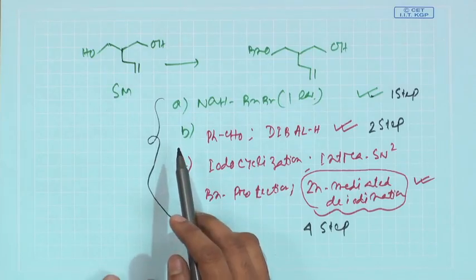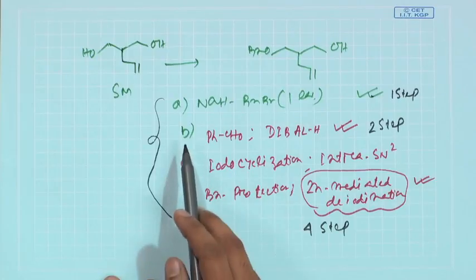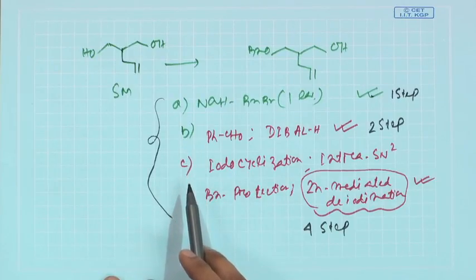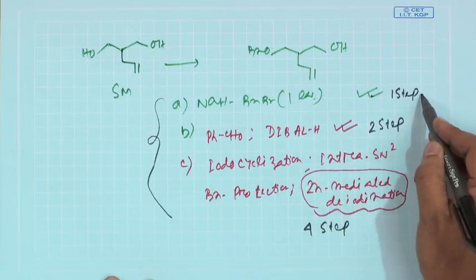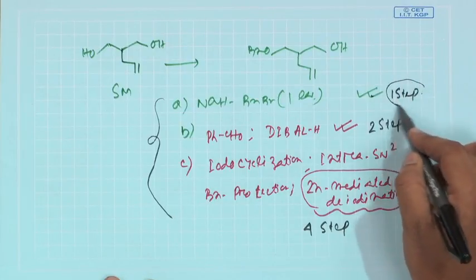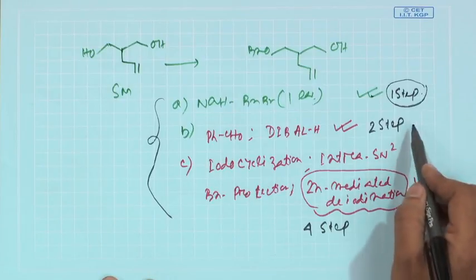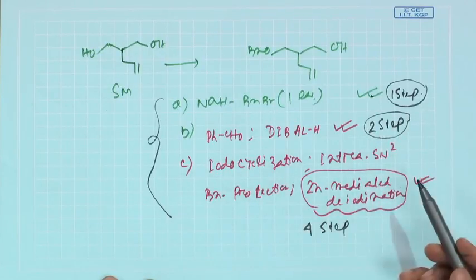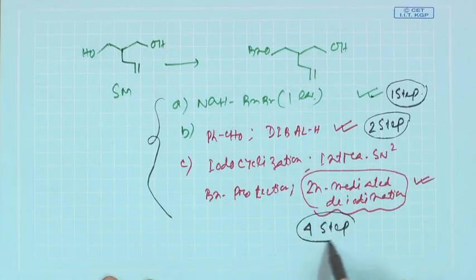We have shown that 3 different routes are possible, and all the routes have their own key transformation. Definitely route 1, as it is single step, is normally preferred, but the other routes like route B where you do a reductive cleavage can also be done, and route C is unique because you have some new reaction which will definitely give you access to the target molecule.